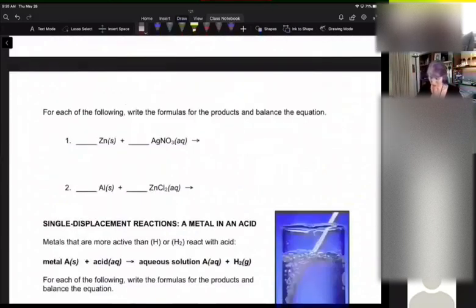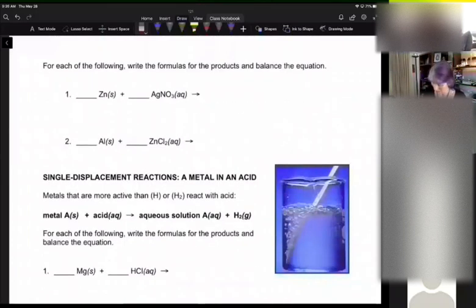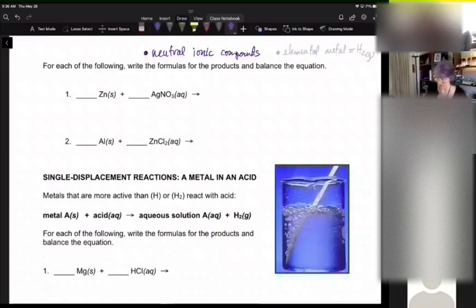So now let's put it into our chemical equations. Again, we're going to form ionic compounds. And when the zinc bumps off the silver, the silver is going to form the solid. All right, so zinc always forms 2+.